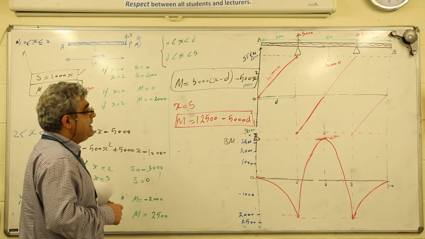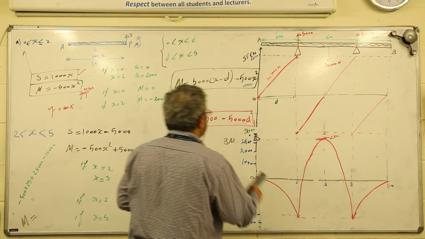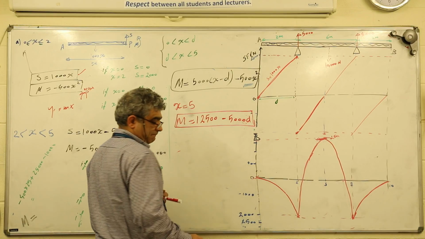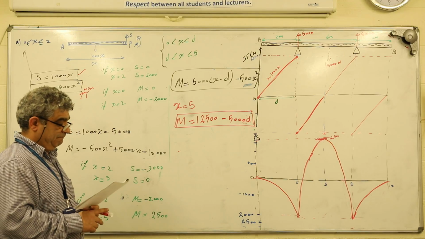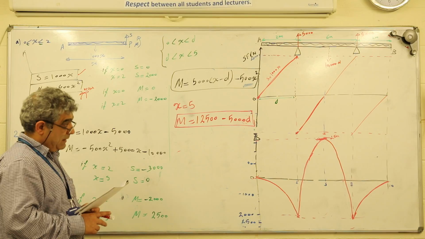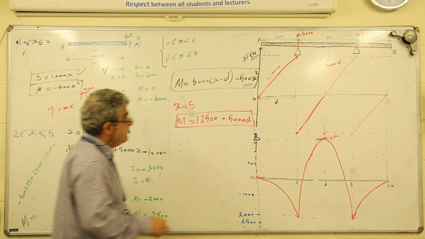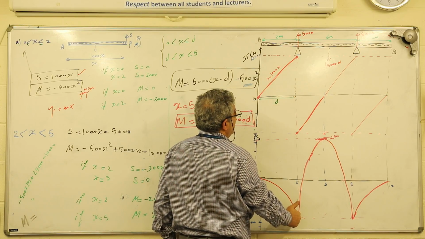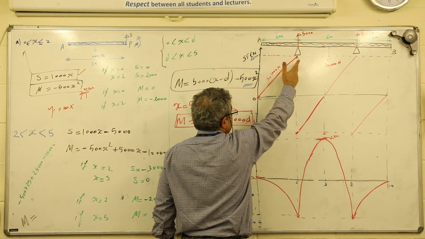What's the greatest negative? This is for the greatest positive. When does the greatest negative bending moment occur? At 2 and 8. The greatest negative value will occur at the support. Am I right? The greatest negative, yes, happening at the support. And how big is this support distance? 2.